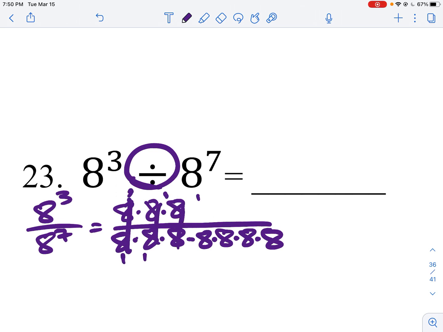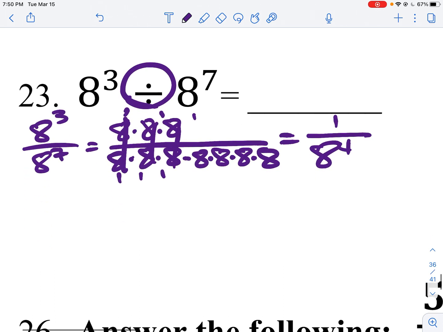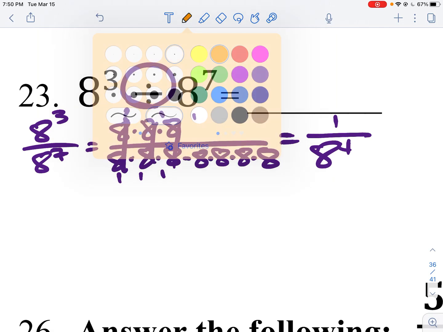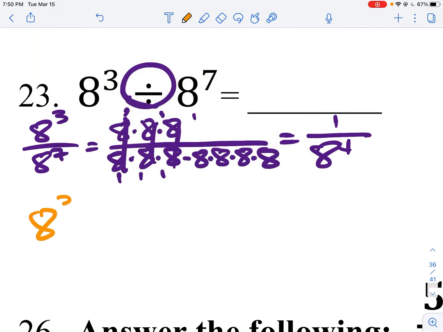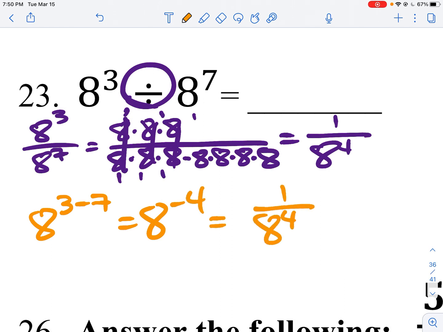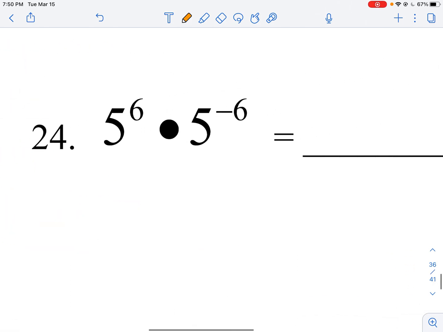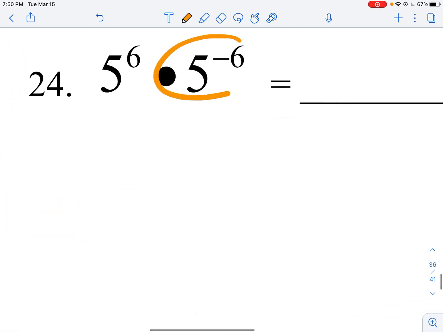Remember those all turn to 1s when you do that. So I have 1 over 8 to the 4th. Or if you showed it with the properties, it would be 3 minus 7, which is 8 to the -4. Negative exponent means please move me and make me positive. And either way, you get the same answer.